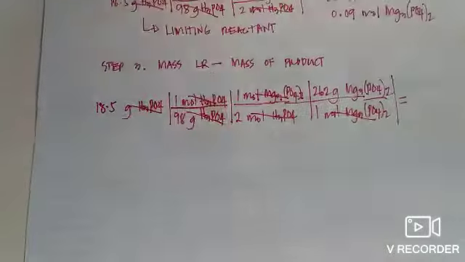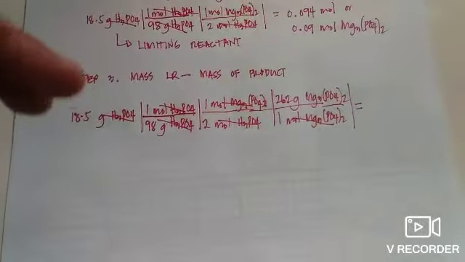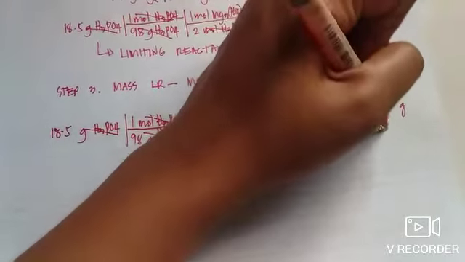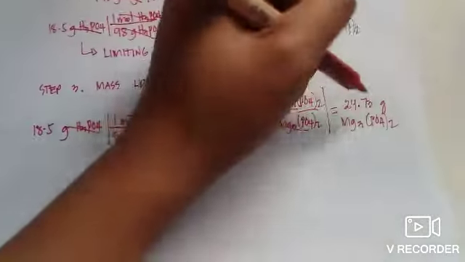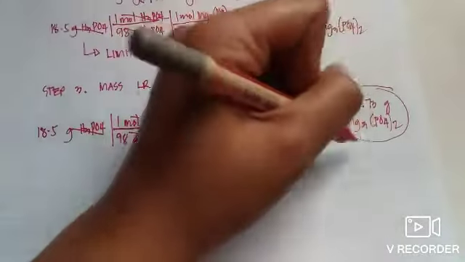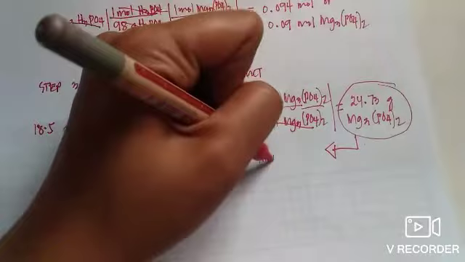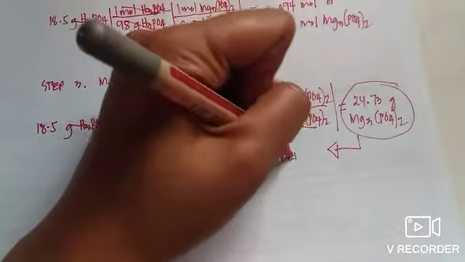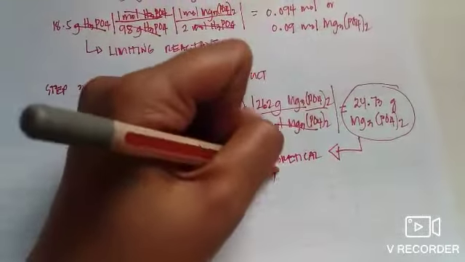Then we will obtain the answer of 24.73 grams of Mg3(PO4)2. So this value will be our theoretical yield.